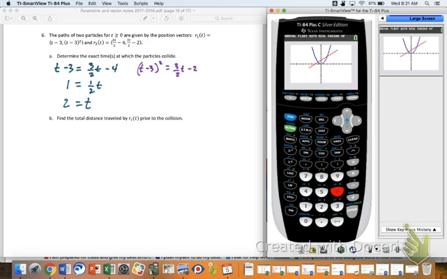I'm going to go ahead and FOIL the left side, so it's going to be t squared minus 6t plus 9 equals this. And then it's going to be t squared, and if you subtract 1.5, it's going to be minus 15/2 t, I guess, and then plus 11 equals 0. Something like that.